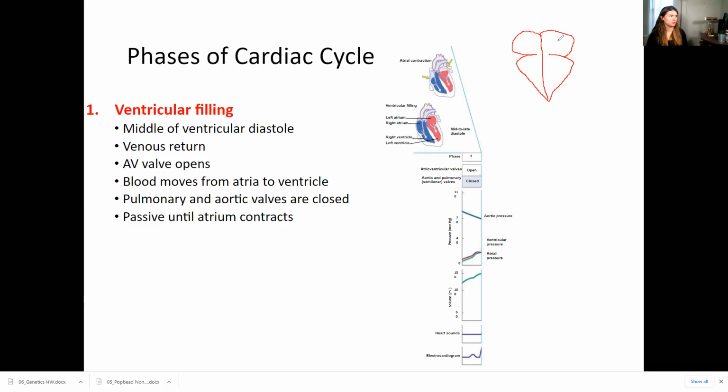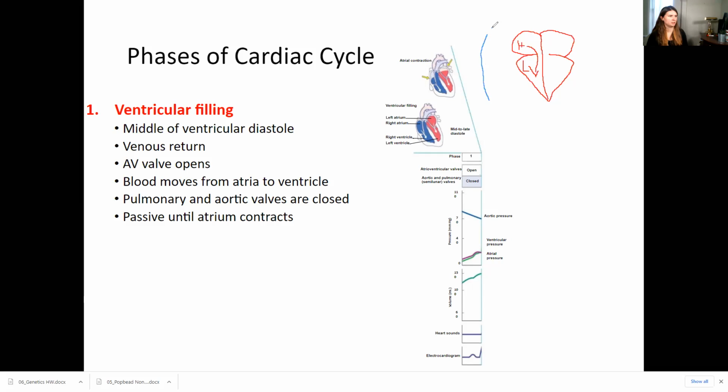They're relaxed. So what we have happening is that blood is flowing from the atria to the ventricles because of pretty low pressure here in the ventricles. In the atria, we'd have relatively higher pressure, although not very high, because those atria are receiving blood from the rest of the body.